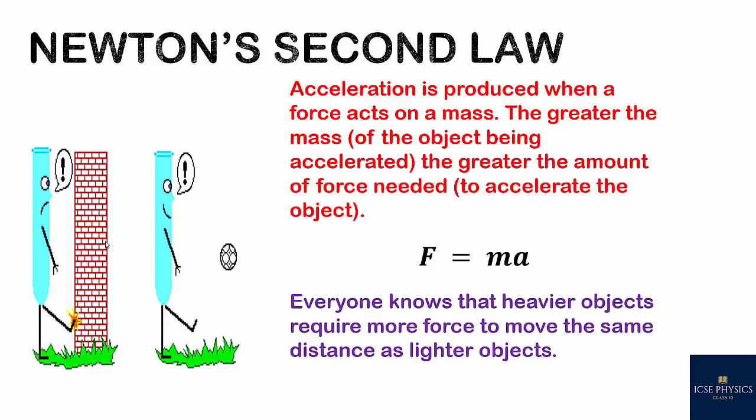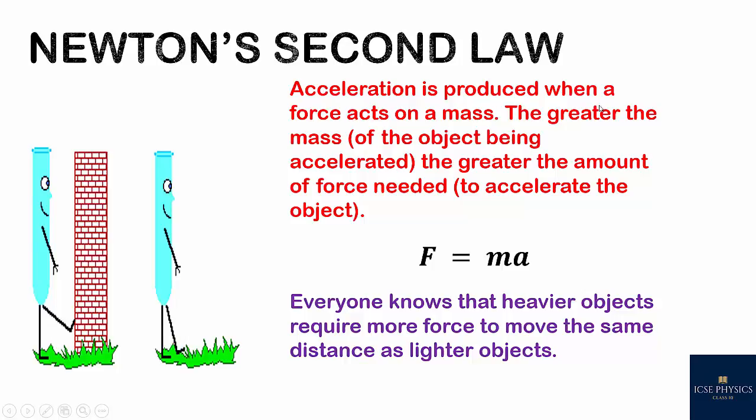What does Newton's second law state? In an easy version, I have written: acceleration is produced when a force acts on a mass. The mass here is the ball, right? Mass of 1 kg. Here the mass is a big wall of 50 kg.